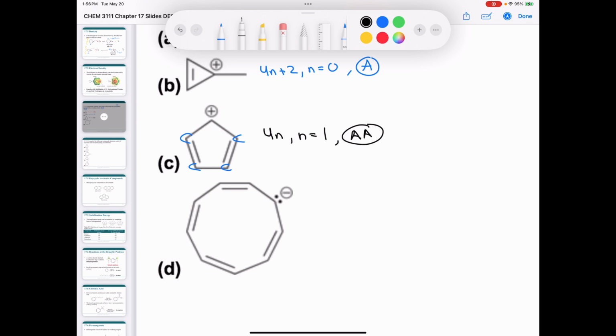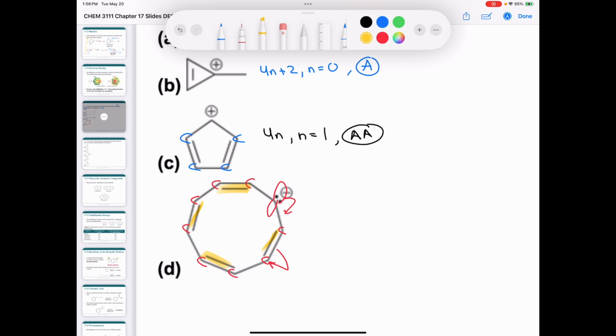Now, if we look at D, you notice that the lone pair can participate in resonance. You could draw all kinds of resonance forms for this guy. And so in order for that lone pair to participate in resonance, it has to be in a p orbital. Every other carbon in here is sp2 hybridized. So do we have a continuously overlapping system of p orbitals? The answer is yes.